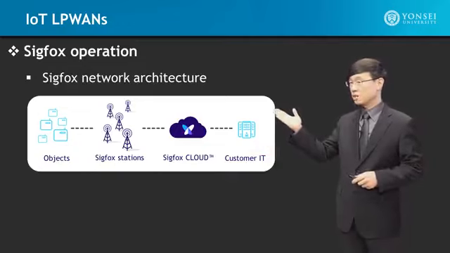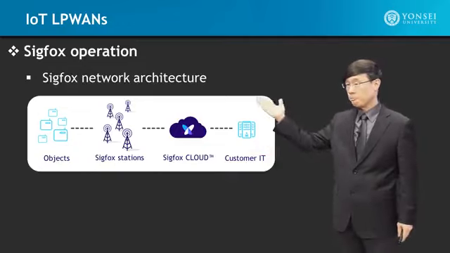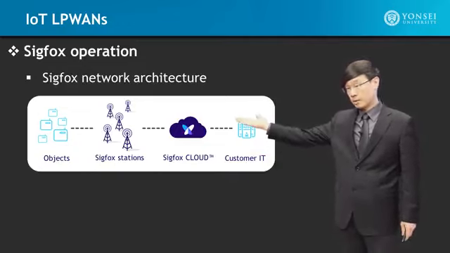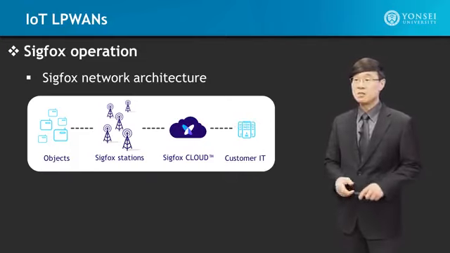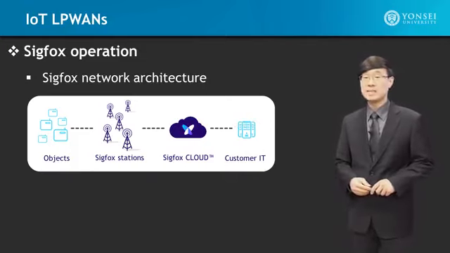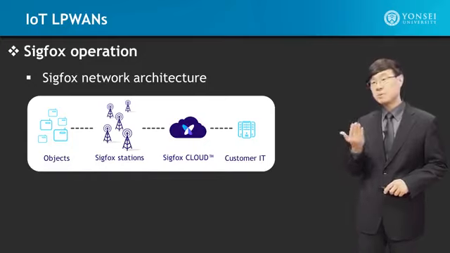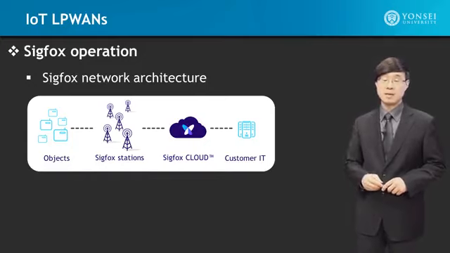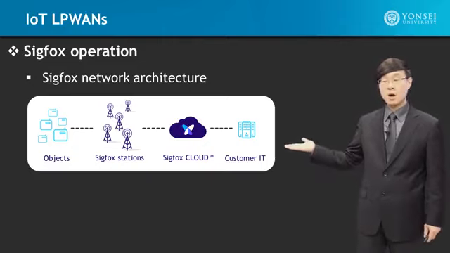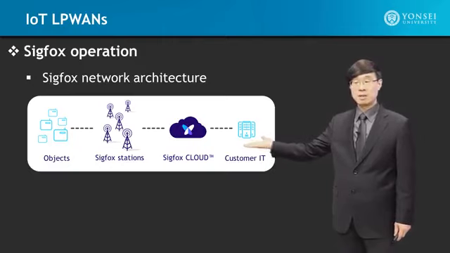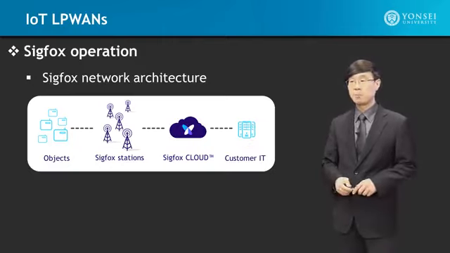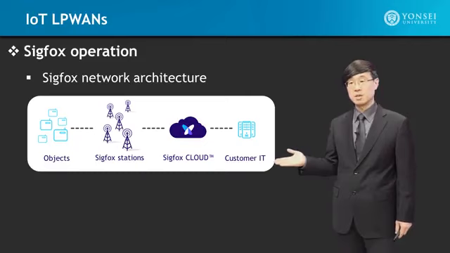Looking into the Sigfox operation, the network architecture, we have Sigfox objects. That means that they're objects, but they have Sigfox modem chips on them. Then there's Sigfox stations. These are the base stations, access points, that are picking up signals from these objects that have the Sigfox modems on them. Then there's a Sigfox cloud, and the cloud itself is a trademarked item that you see with that symbol, and customer IT applications.